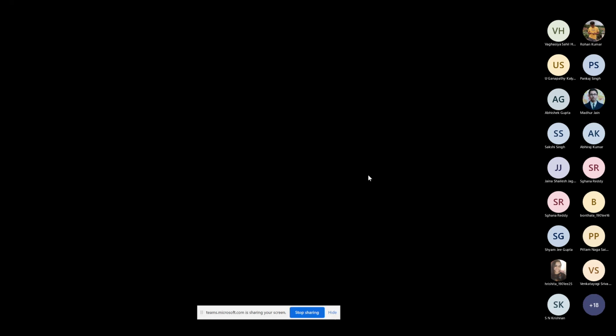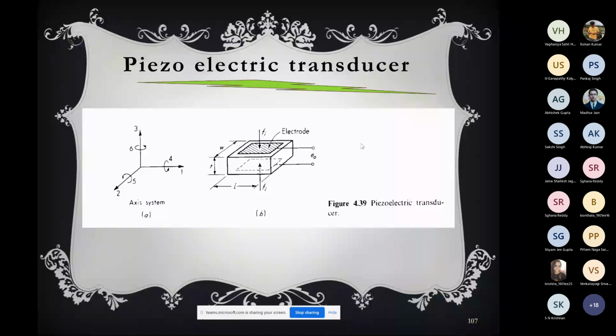So you may think that when you are giving a mechanical force or mechanical motion, some charge is getting generated. Definitely some charge is getting generated. Now you can think of this as a capacitor. You see there are two electrodes, inside there is some material, and you are getting voltage out.